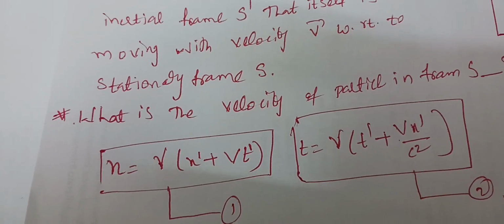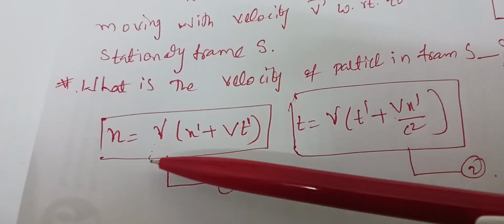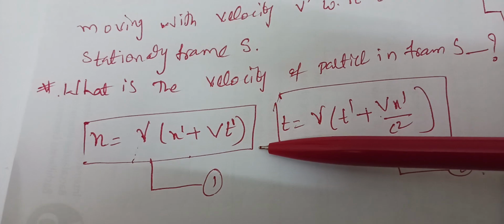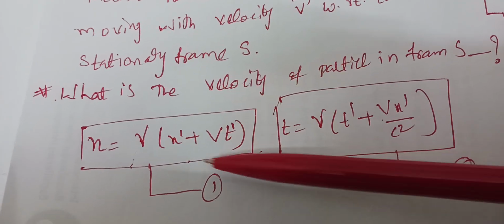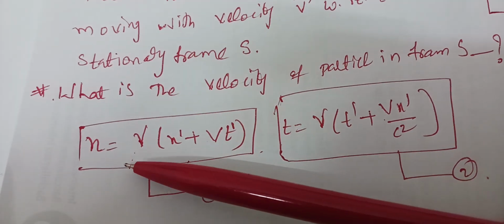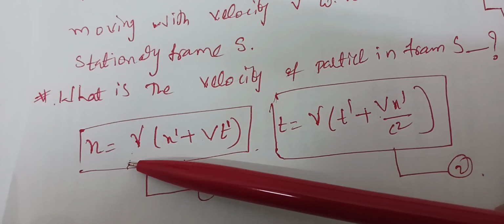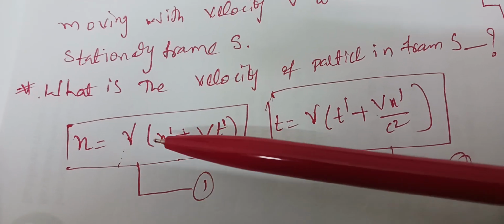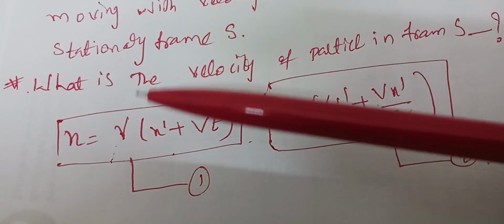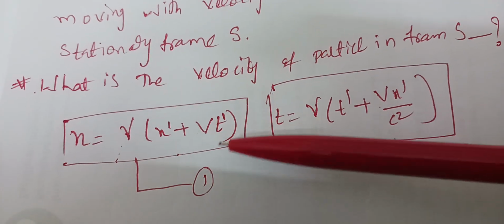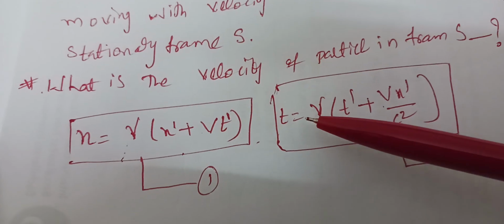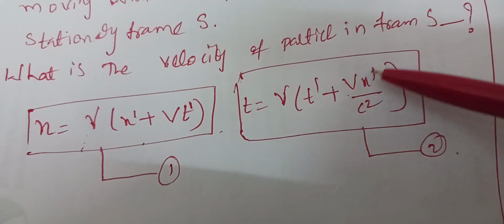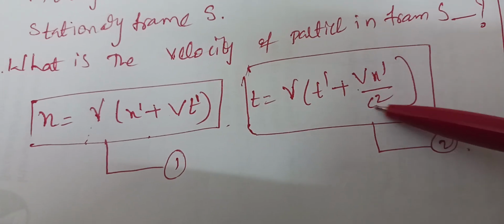Here x equals gamma into (x dash plus vt dash). This is the x position, and it shows how it changes from the S frame to the S dash frame. You also see the time, t equals gamma into (t dash plus vx dash by c square), which we found in previous videos.